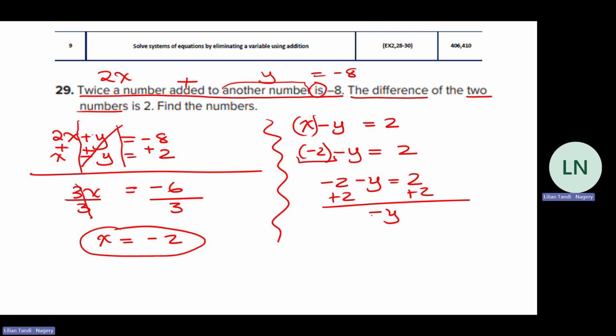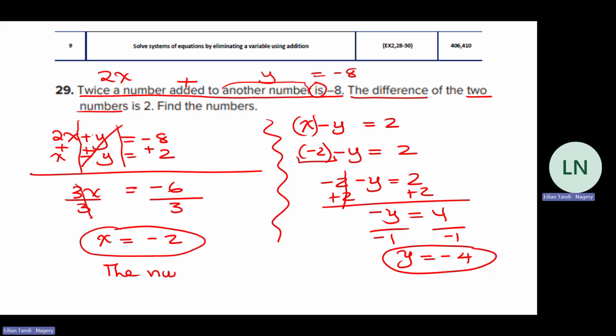I will get negative y equals 4. I will divide, and y becomes negative 4. Then I will write my answer, find the numbers. x comes before y, and I'll write my sentence. The numbers are negative 2 and negative 4. And I will box it.